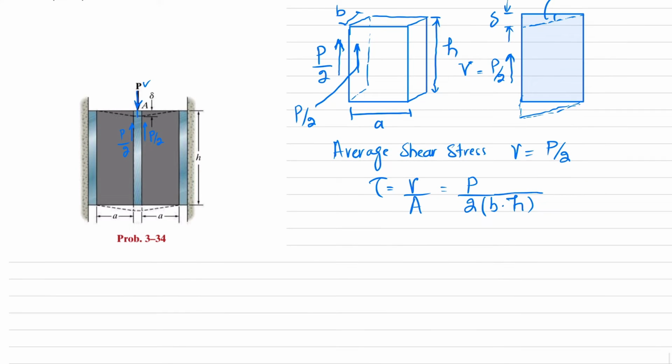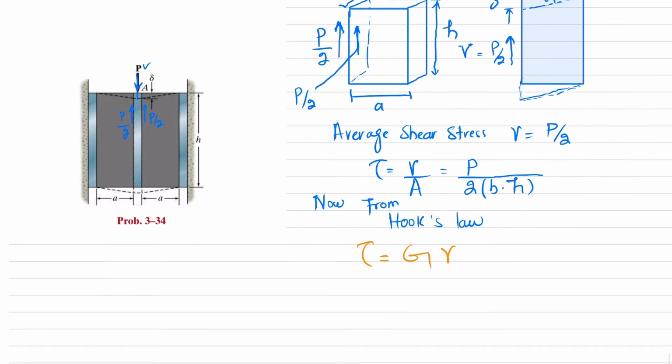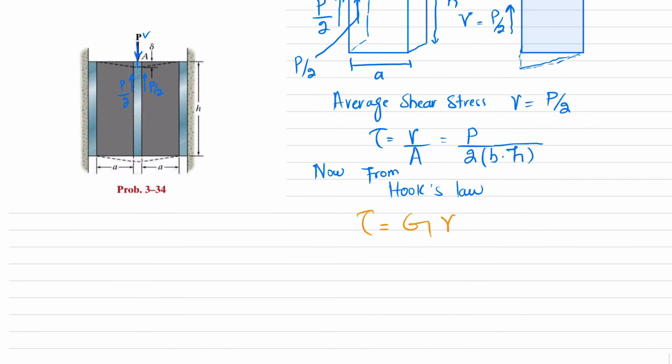Now from Hooke's law, we know that shearing stress is equal to modulus of rigidity times shearing strain. So the shearing strain will be equal to shearing stress divided by modulus of rigidity.